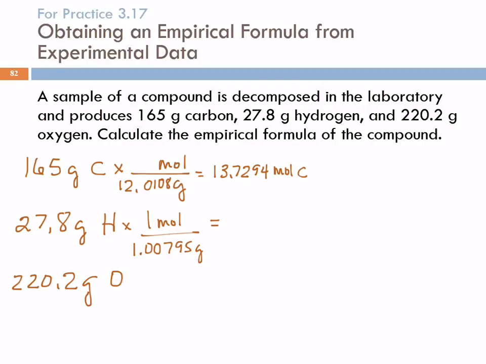That also should have 3 significant figures, so I'm going to write 27.5, and then I'm going to include 2 or 3 extra ones to avoid problems. For the oxygen, 1 mole, or 15.9994 grams.